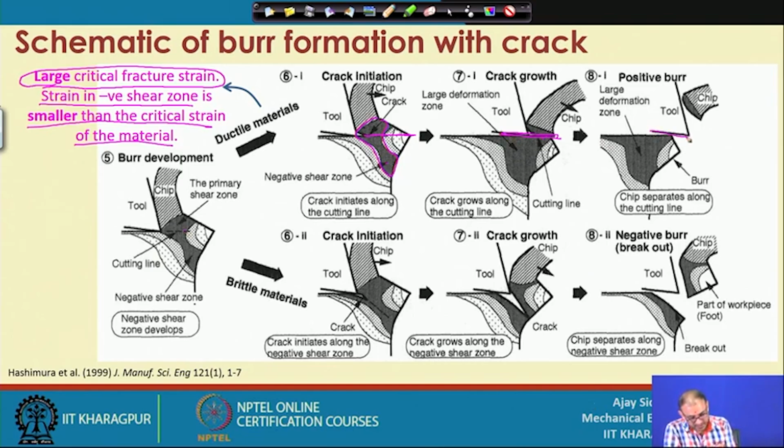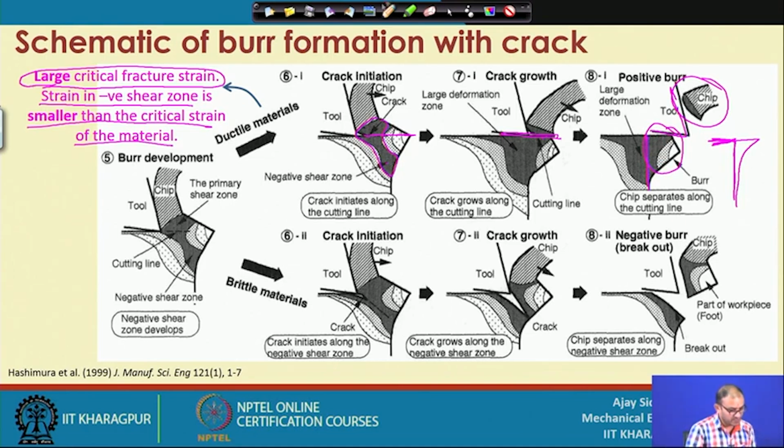Once your tool passes through this part, your chip comes out, and this part is the burr, because it is the extra thing you did not want. Our objective is to get something like this, but we are getting something like this. This is the burr formation in the ductile material.